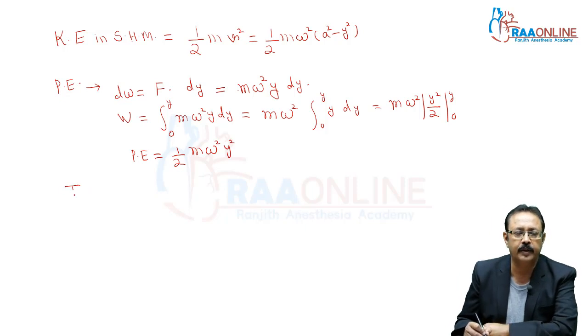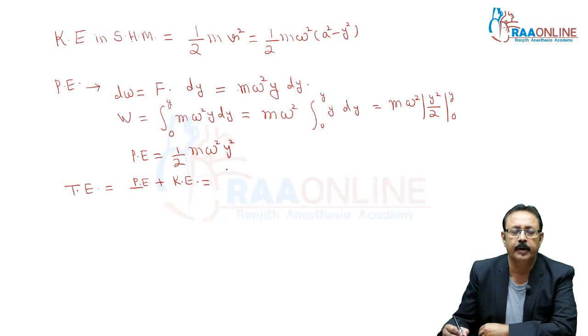So, now we will calculate total energy. What is total energy? Sum of potential energy plus sum of kinetic energy. Potential energy in this case is half m omega square y square. And what is kinetic energy? Half m omega square, a square minus y square.